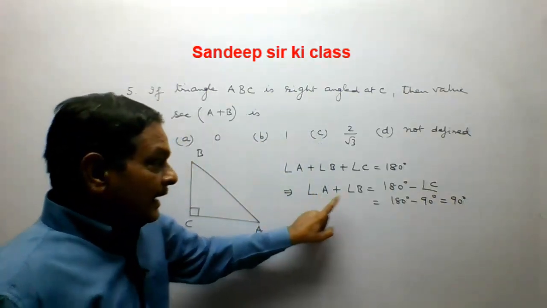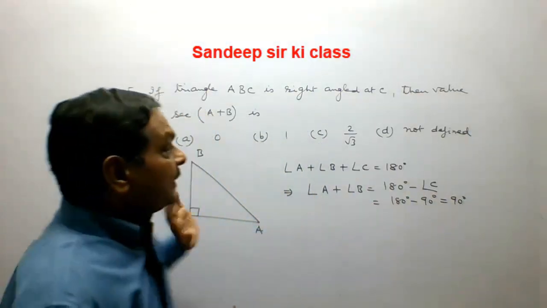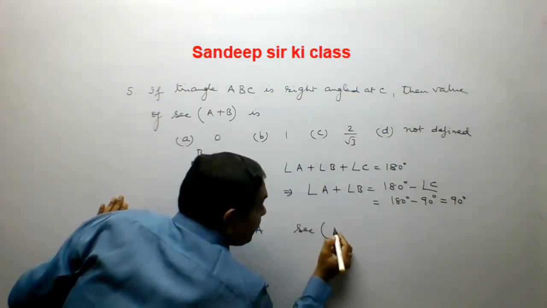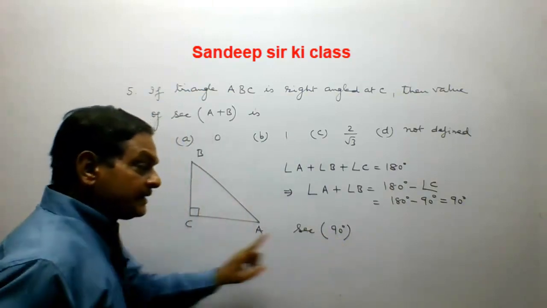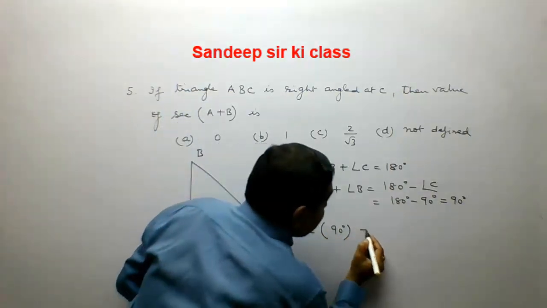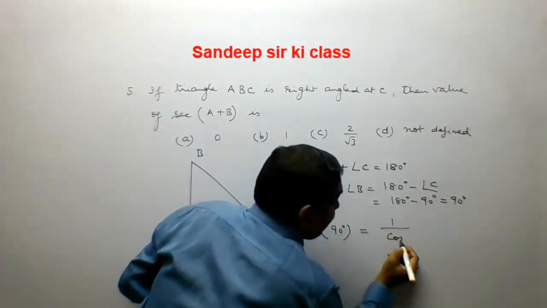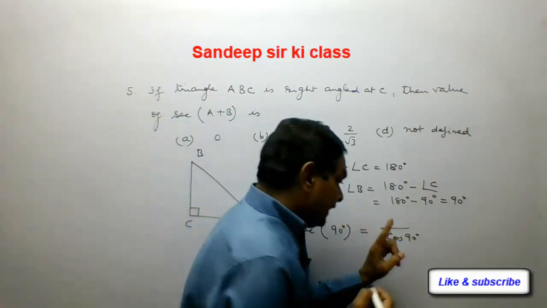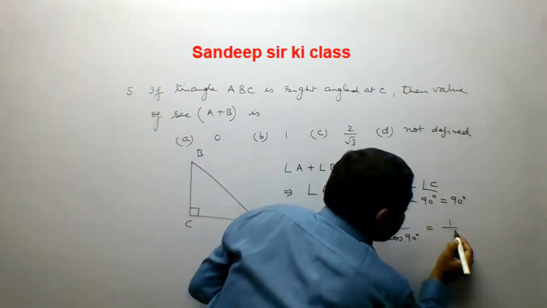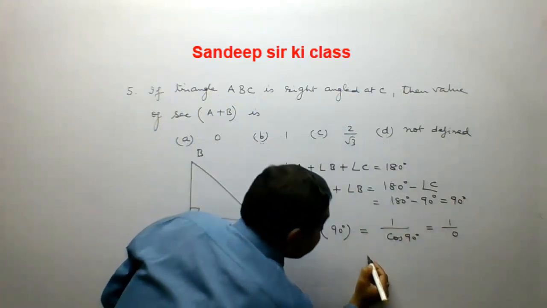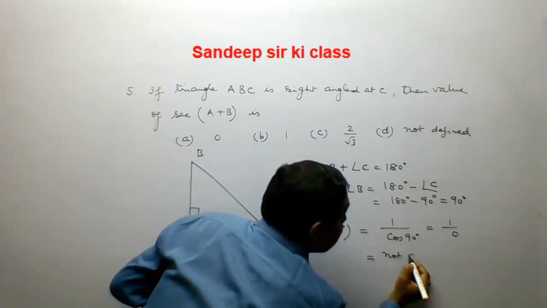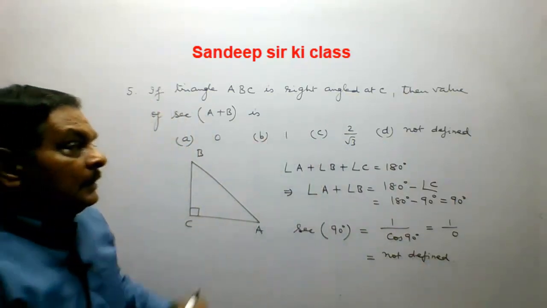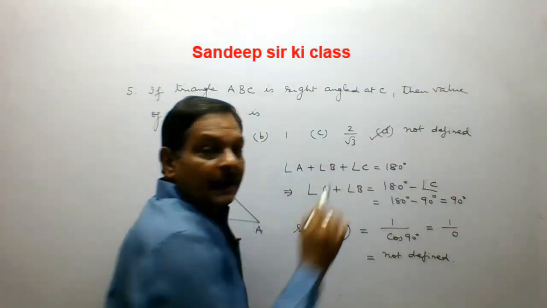So angle A plus angle B is 90 degree. Means we are to find the value of sec 90 degree. A plus B is 90 degree, which can be written 1 upon cos 90 degree, and we know that cos 90 degree is 0. So this is 1 upon 0, which is not defined. So here the option D is the correct option.